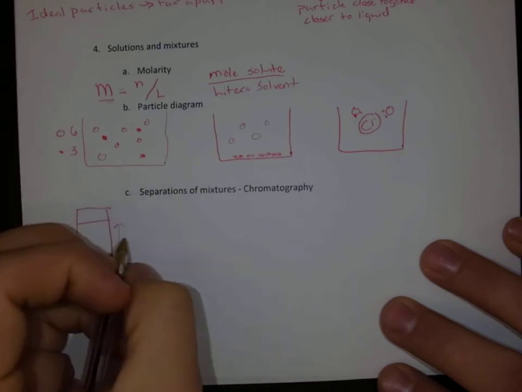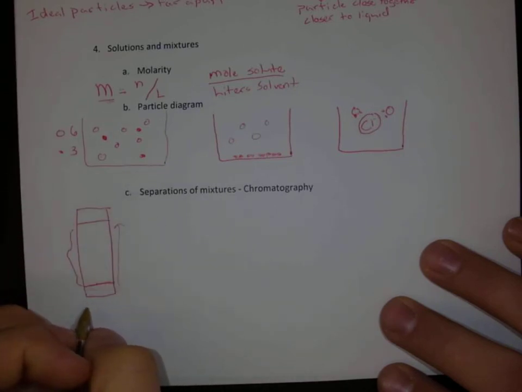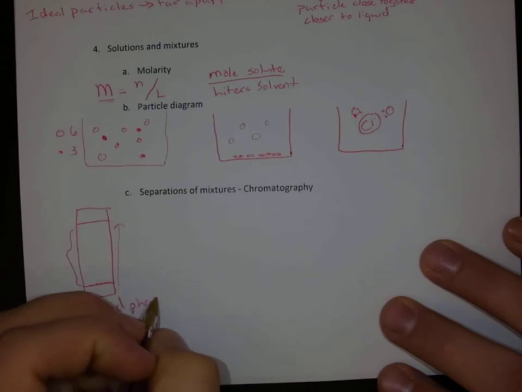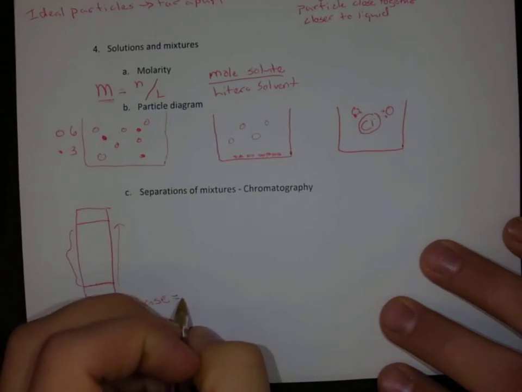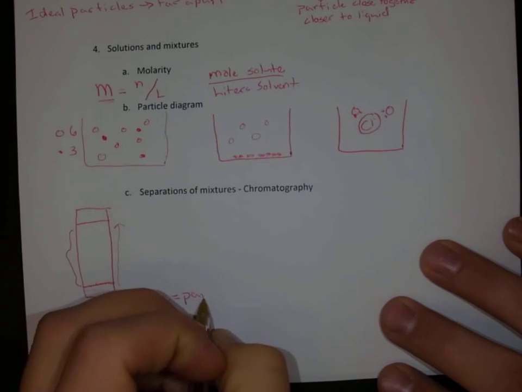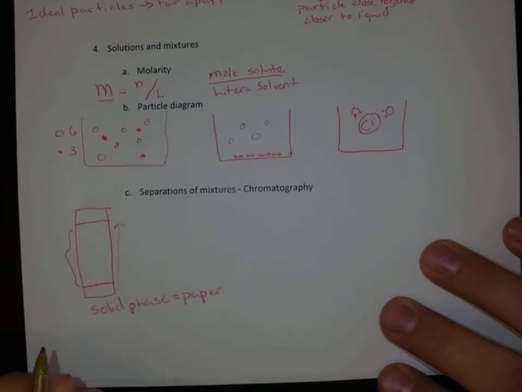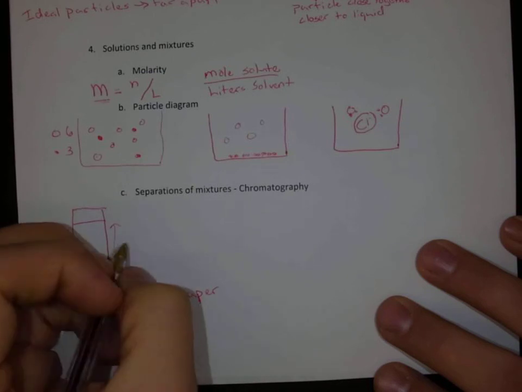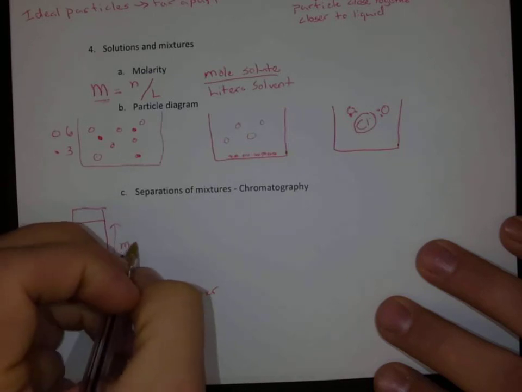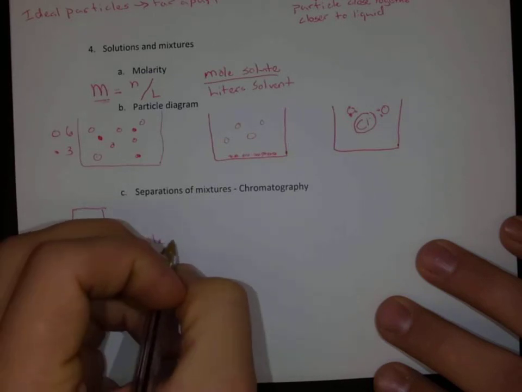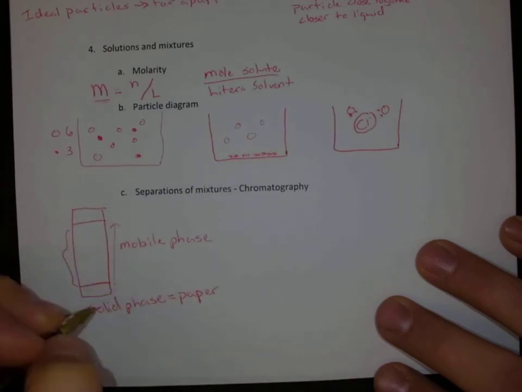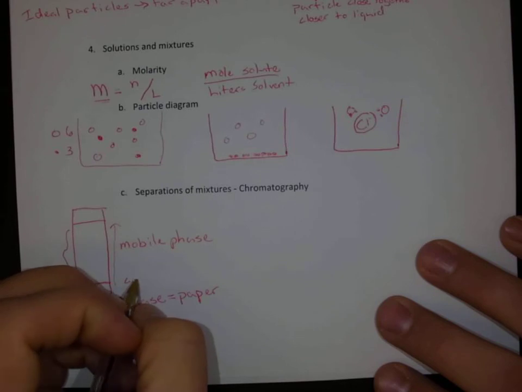So we have the solid phase, and this would be our chromatography paper or our silica plate. We have a liquid phase or mobile phase that is going to be doing the pulling. And then we have our compound that we put on here.